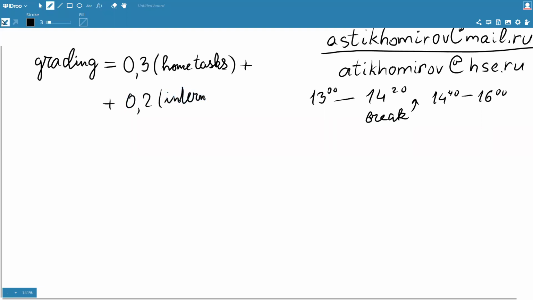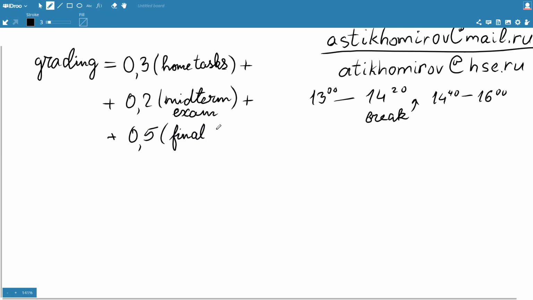Or just midterm exam, let me write. Midterm exam. Plus 50% for final exam.